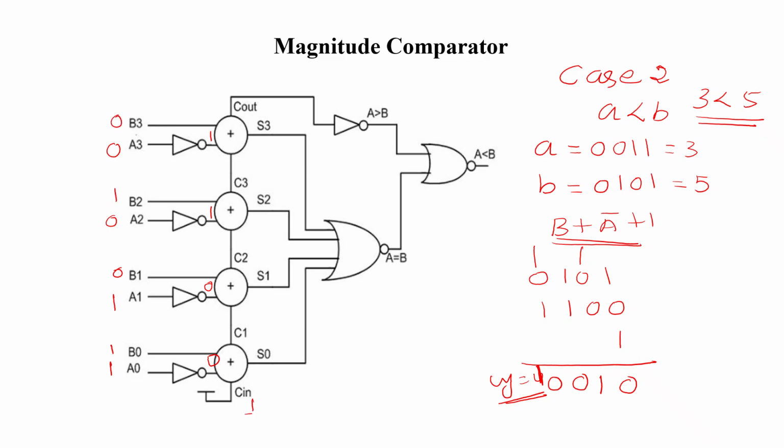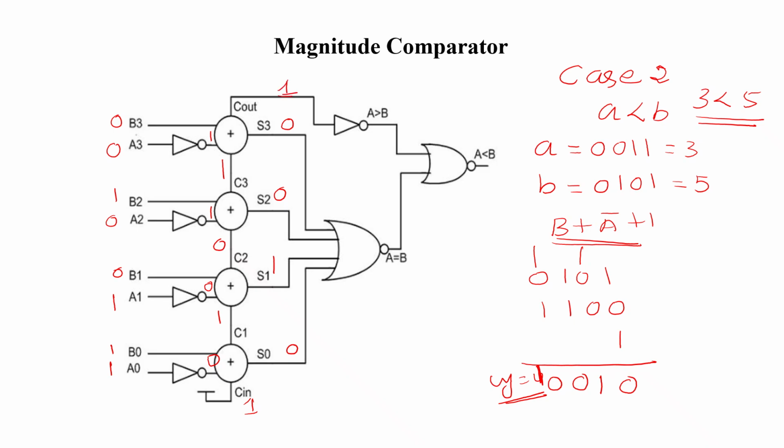C in is connected to VDD, so C in equals 1. So 1 plus 0 plus 1, sum is 0, carry value 1. 1 plus 0 plus 0, sum is 1, carry is 0. 0 plus 1 plus 1, sum 0, carry value 1. 1 plus 1 plus 0, sum 0, carry value 1.